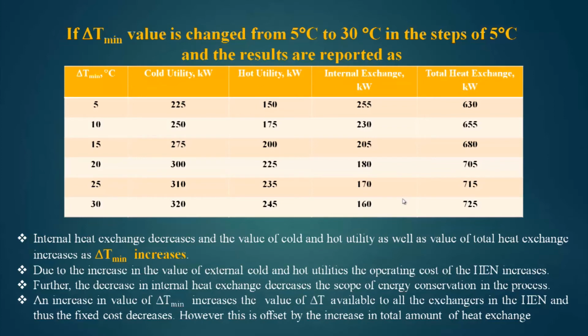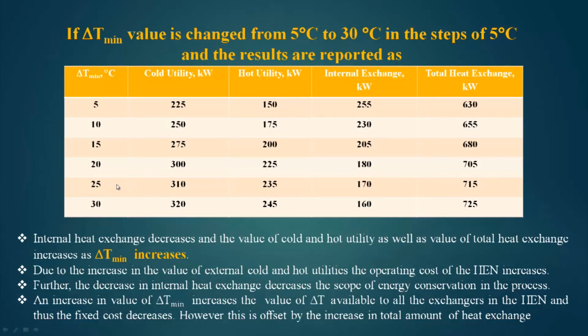So, here we see that when I am increasing the delta T minimum, the cold utility demand is increasing, the hot utility demand is increasing, the internal exchange is decreasing, and the overall heat exchange is increasing.